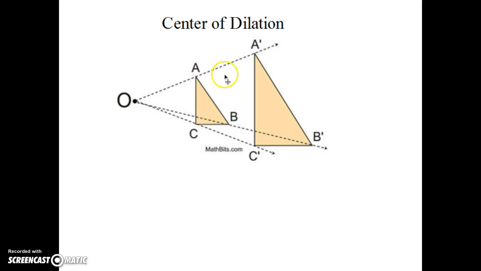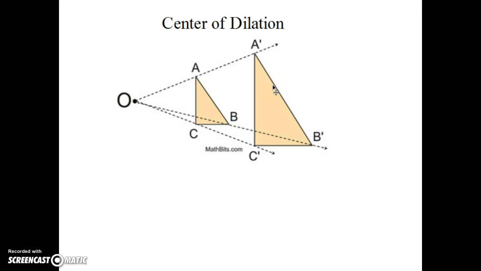It was enlarged to this bigger A prime, B prime, C prime. But if you notice, all points like A prime and A still draw back to the center of dilation. So do B prime and B. They all go back to the center of dilation. And C does the same thing.